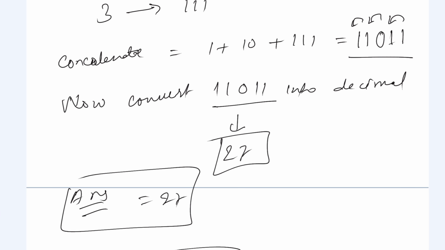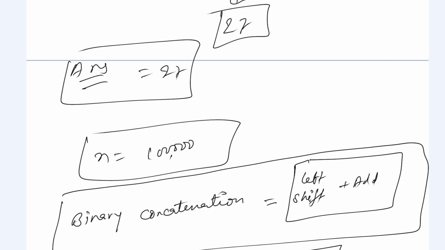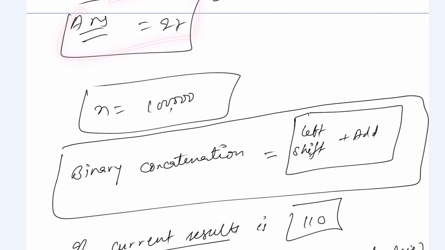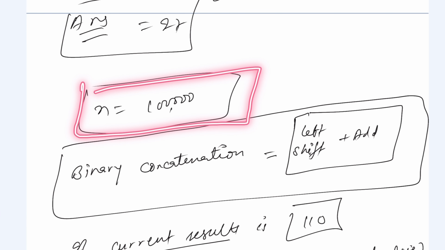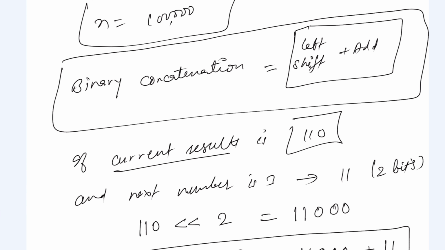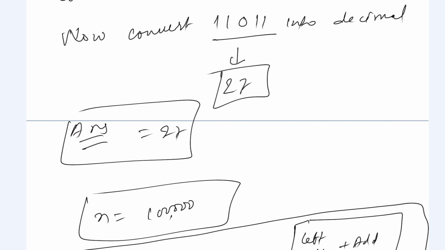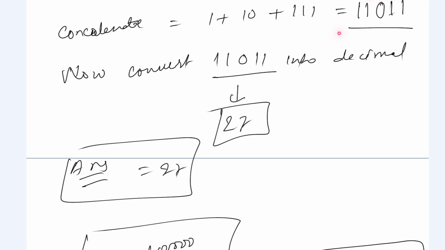Once it is done, we convert it into a decimal, and that is our answer. But if n is very large, the binary concatenation means we are doing a left shift and then an add.